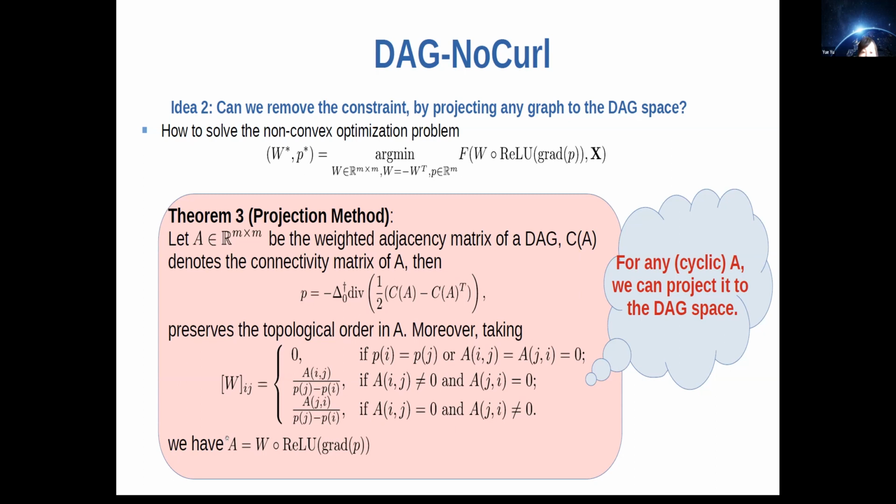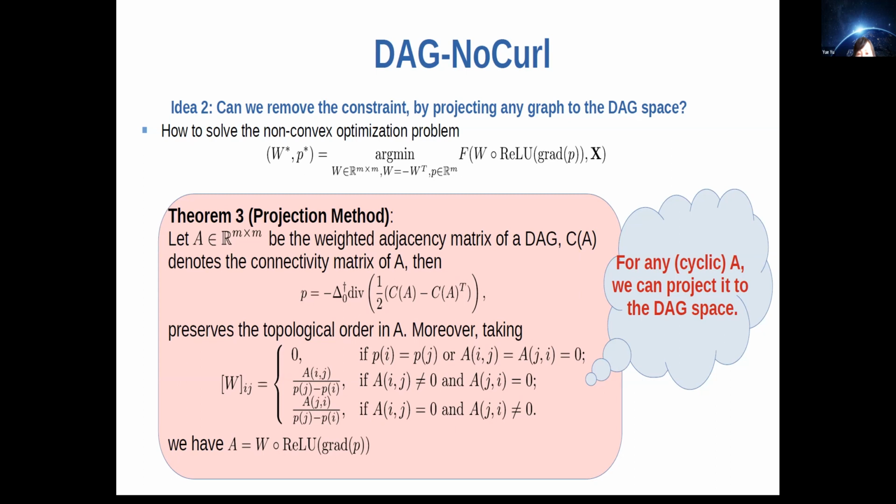We can further show that if our original weighted adjacency matrix is a DAG, then it's guaranteed that what we project to will be itself. So this can really be seen as a projection method in the L2 sense.